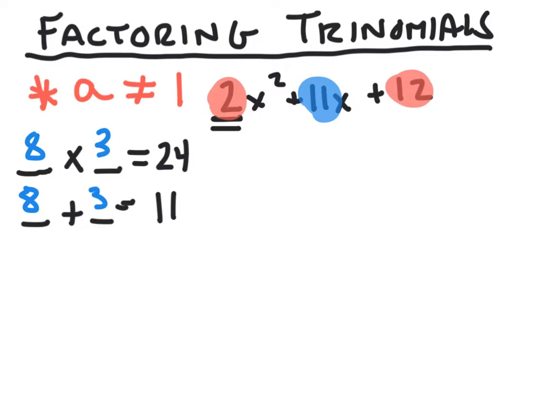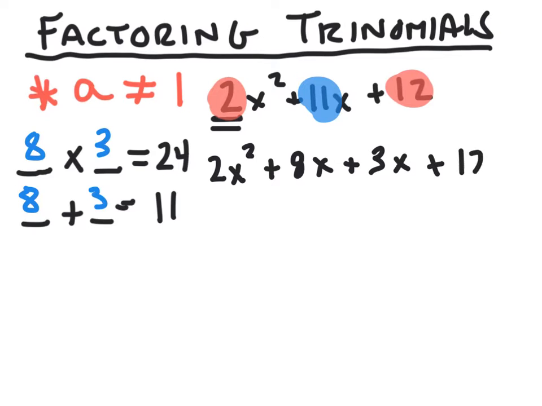Now watch what I'm about to do with this. I'm going to rewrite it slightly differently. 2x squared. Now those aren't my answers. You watch what I'm going to do. I'm going to put down my 8x and my 3x, and I'm going to place them basically as two items into my expression there.